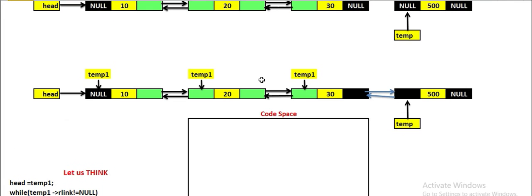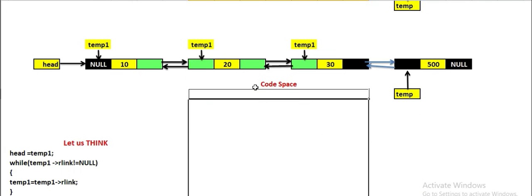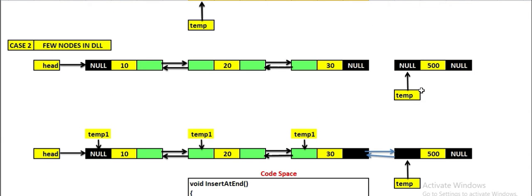Now let us write the code for the first case as well as the second case. We are going to name this insert at end, and we require pointer variables of the type struct node for temp as well as temp 1.